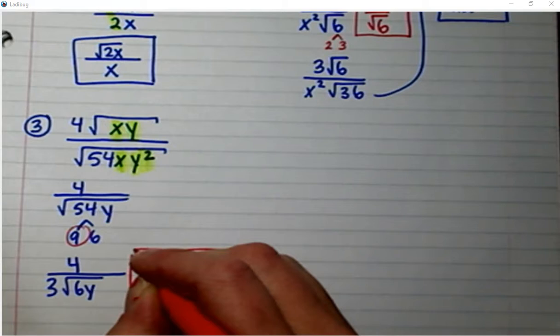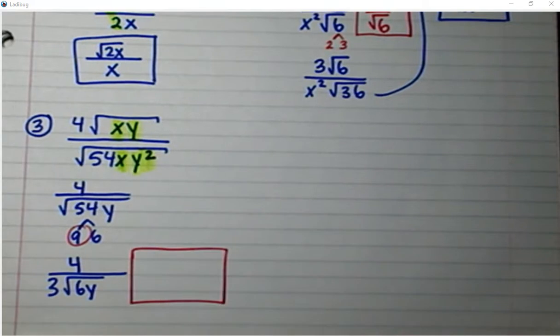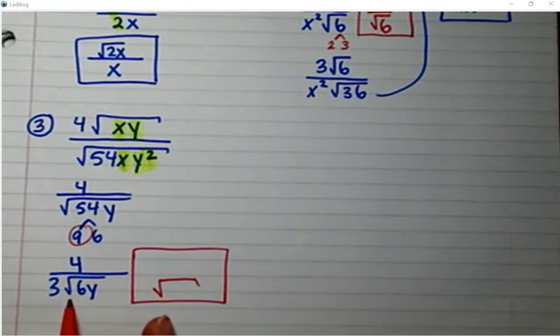Okay. Now that I know the radicals can't be simplified, now I have to rationalize. Okay, Lucas, what am I going to multiply by in order to get rid of this radical in the denominator? Not 4. So the radical is here. This is the thing that I'm looking to match up, right?